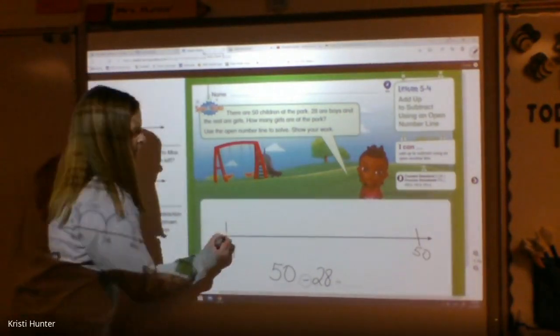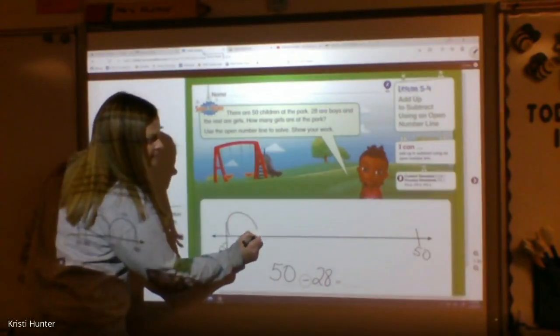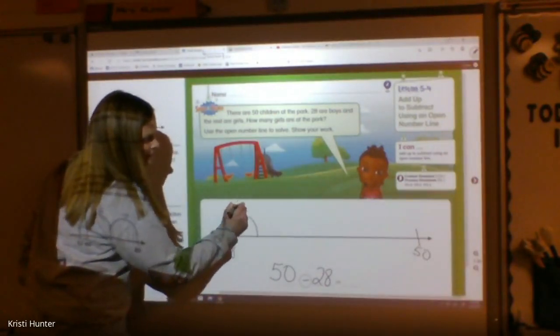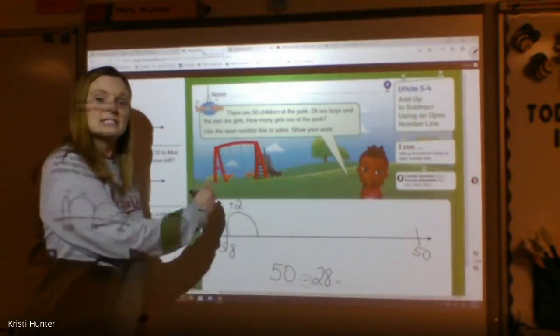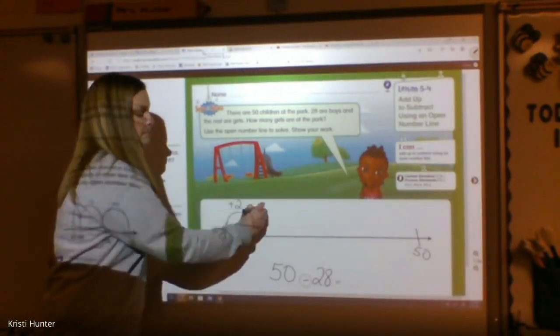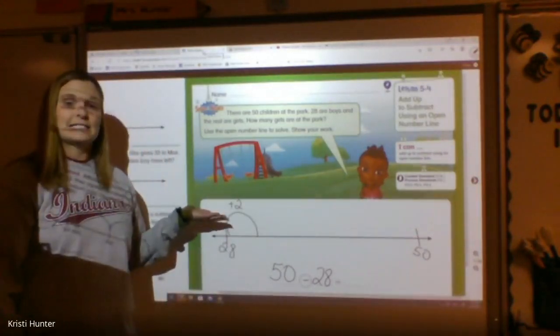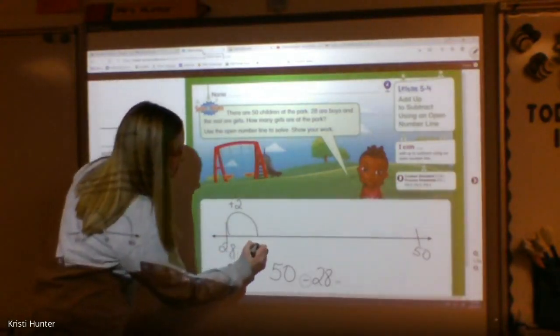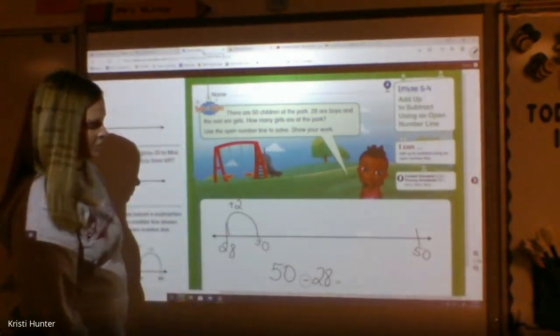That's two jumps. So I'm going to draw both jumps here together and write it as a +2. If you would like to jump them individually and go +1, you'll get the same answer. So when I jumped 2, I arrived at 30.